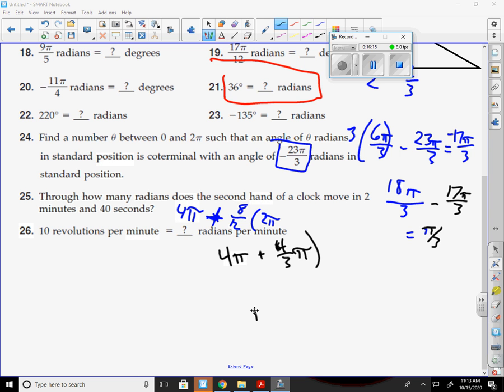So I'm going to multiply the top by 3 to get 12. Multiply the bottom by 3. Twelve pi plus 4 pi gives me 16 pi over 3. So that's how far our second hand moved.